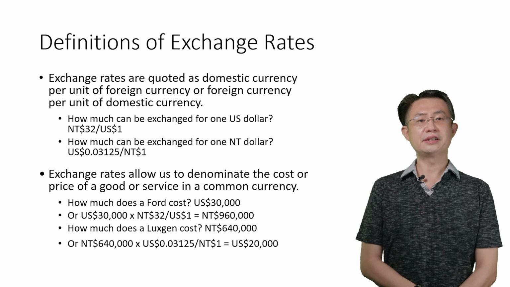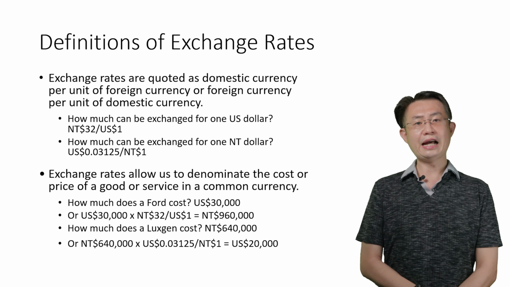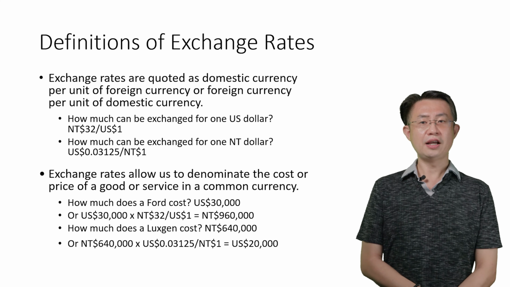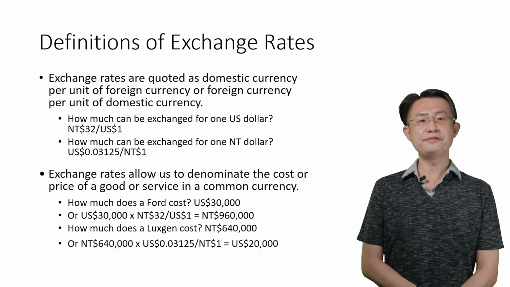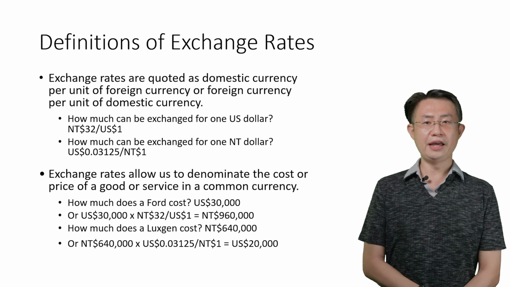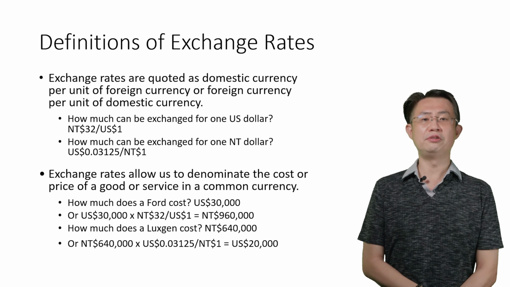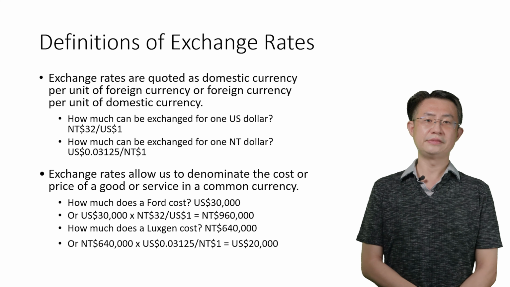As we know, the current exchange rate equals 32. Or the other way to illustrate the exchange rate is 1 NT dollar can buy 0.033125 US dollars, right? So by using the exchange rate, we can transfer the price of the Luxgen SUV in terms of US dollars. So if the Americans want to buy the Luxgen SUV, they have to spend 20,000 US dollars.